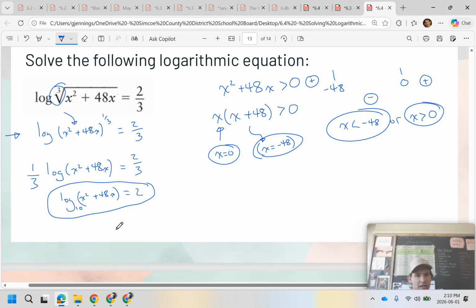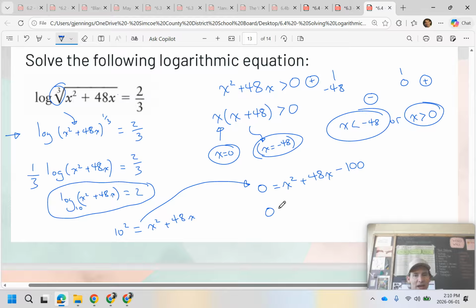So that is to say 10 to the power 2 equals x squared plus 48x, which is also to say, folks, that 0 equals x squared plus 48x minus 100. Pretty, eh?